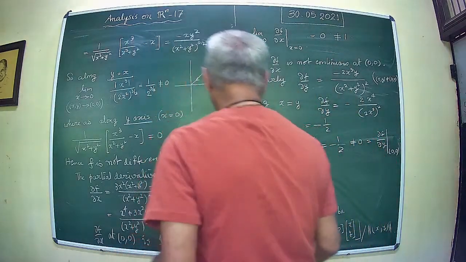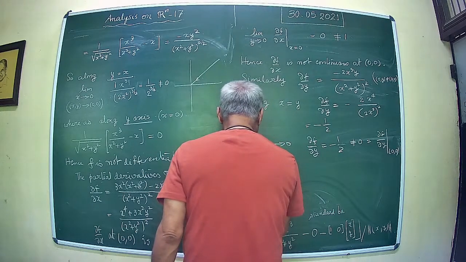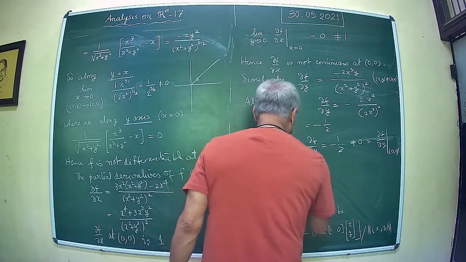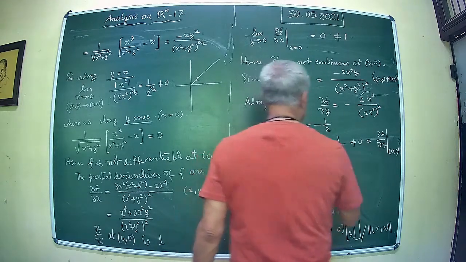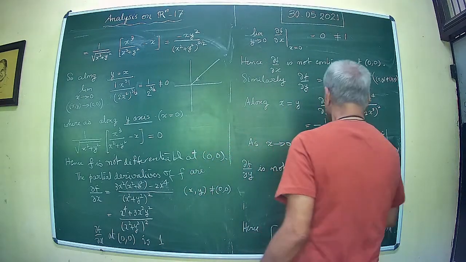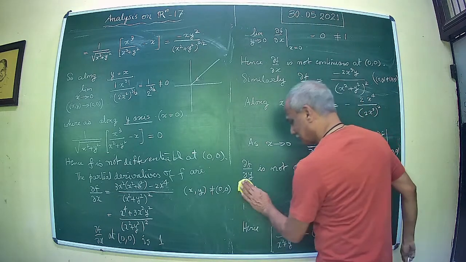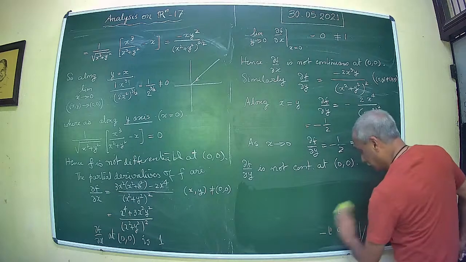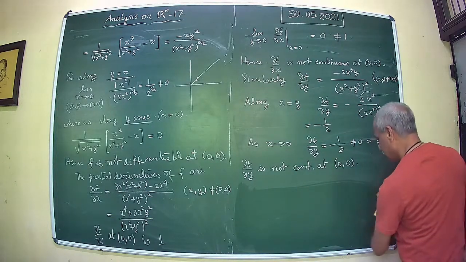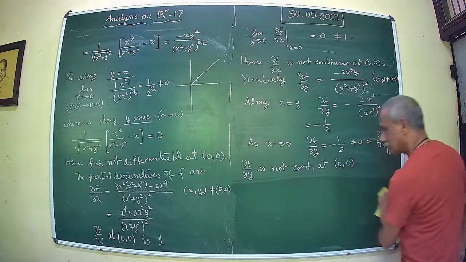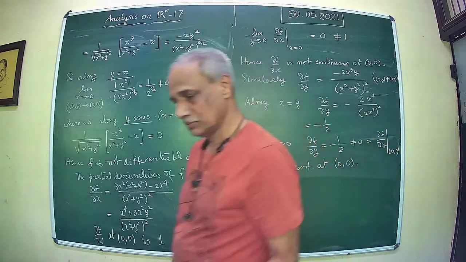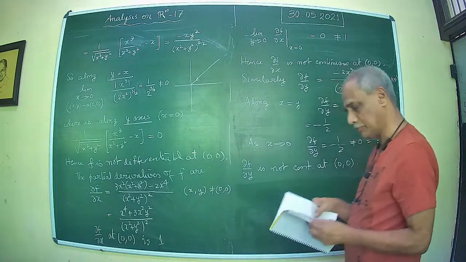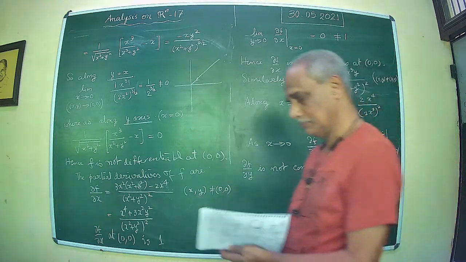Therefore, df by dy is also not continuous. Make an observation. Although the partial derivatives exist. Okay. Now we are in a position to take up the main theorem.